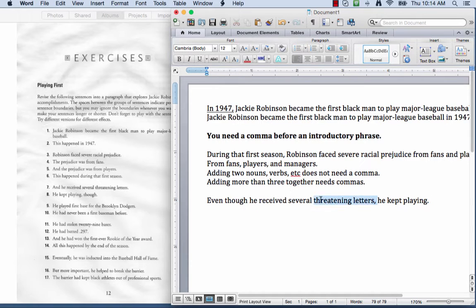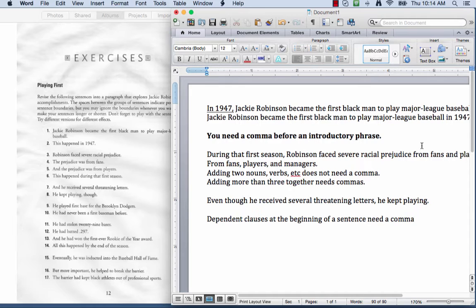I made a long introductory, what we call instead of a phrase, a clause. And it's not a clause that can stand by itself, because even though makes it dependent. So dependent clauses at the beginning of a sentence need a comma.